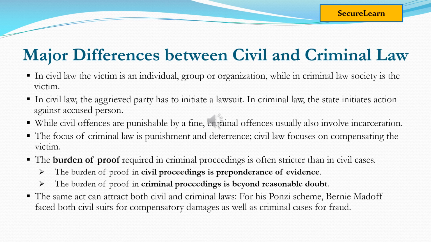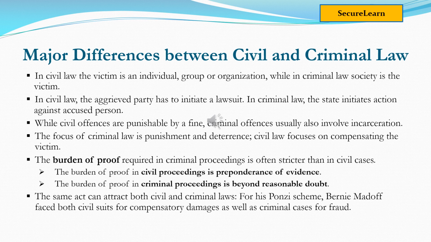Let us now distinguish between civil and criminal law. Under civil law, the aggrieved party has to initiate legal action. Under criminal law, on the other hand, since society itself is the victim, the state initiates action against the accused. Civil offenses are usually punishable by a fine, while criminal offenses may also involve incarceration.